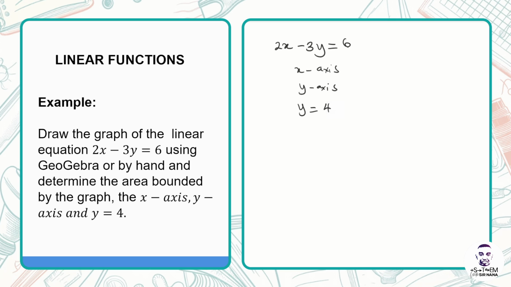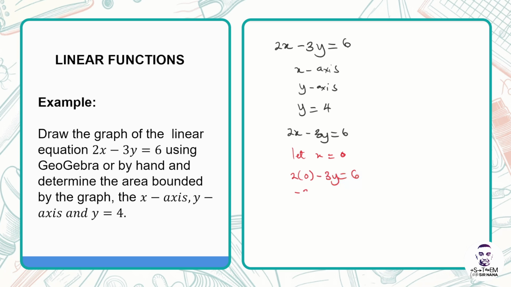So when we take the equation 2x minus 3y is equal to 6, we can decide that we'll let x be 0. We want to find coordinates on the graph. So when x is equal to 0, you are going to have 2 multiplying 0 minus 3y is equal to 6.